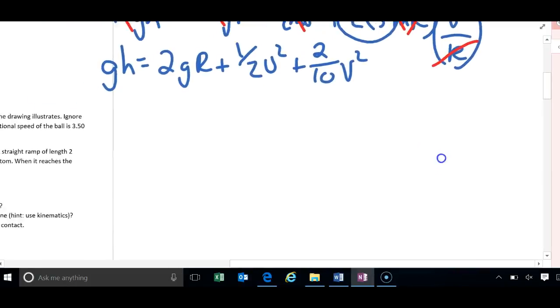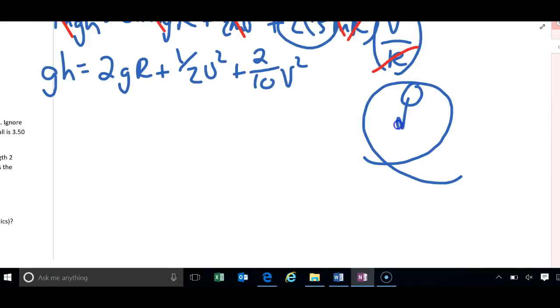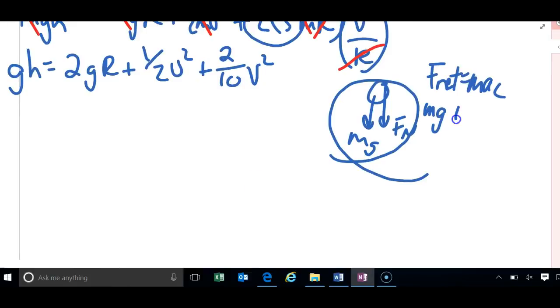So let's look at our ramp. I have the ramp going up like this. There's the ball. We always have gravity. The surface is touching it, so I have the normal force. So I can do my net force here. F net equals m a_c. This is going to be mg plus Fn.